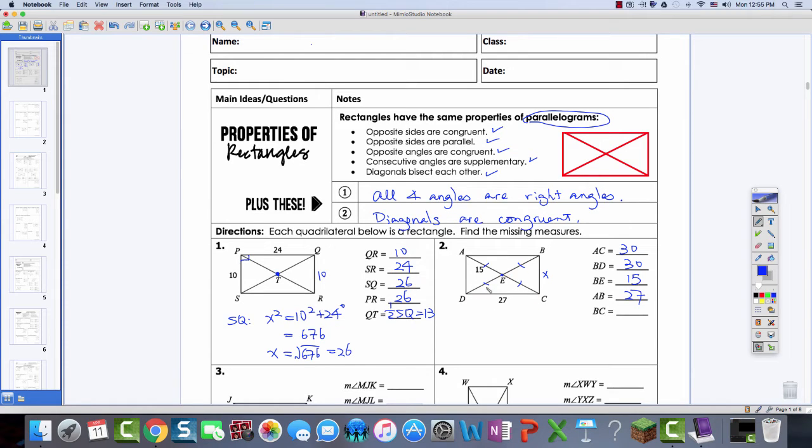I also know the hypotenuse. The hypotenuse BD is 30. So 30 squared should equal 27 squared plus X squared. And let me see. That would be, I think, 171 equals X squared. And it's approximately 13.1 if you use your calculators.